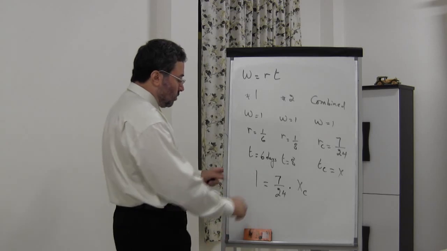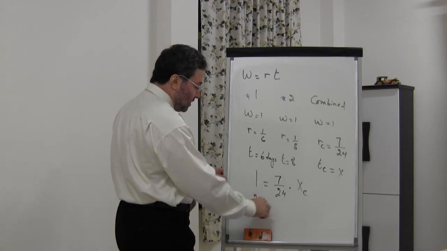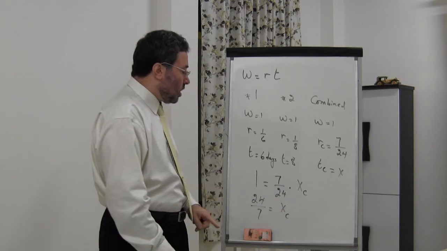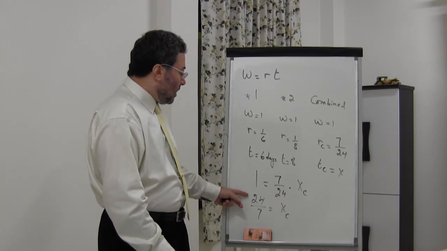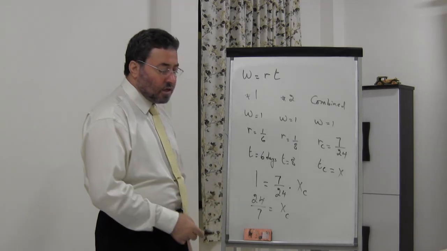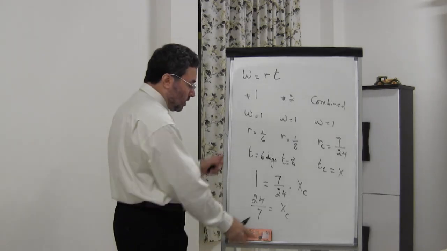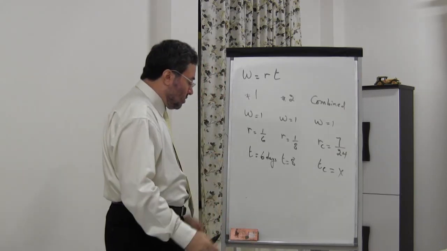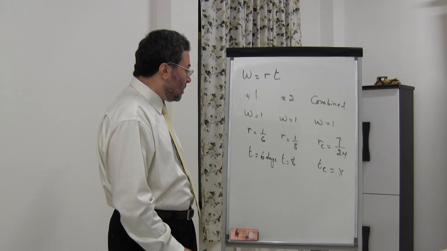And we solve and we get 24 over 7. That's the time it takes them to finish the job together. And in the book they have a different way of doing it. We'll go over it. I prefer this method, but you can choose whichever way you want to do it.